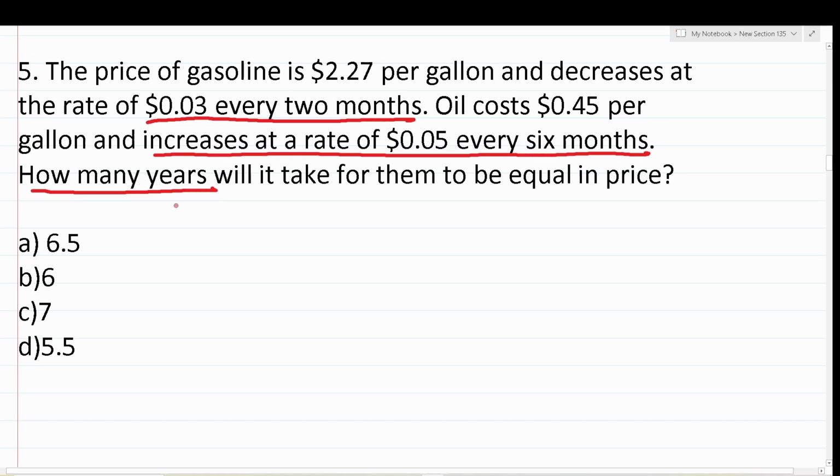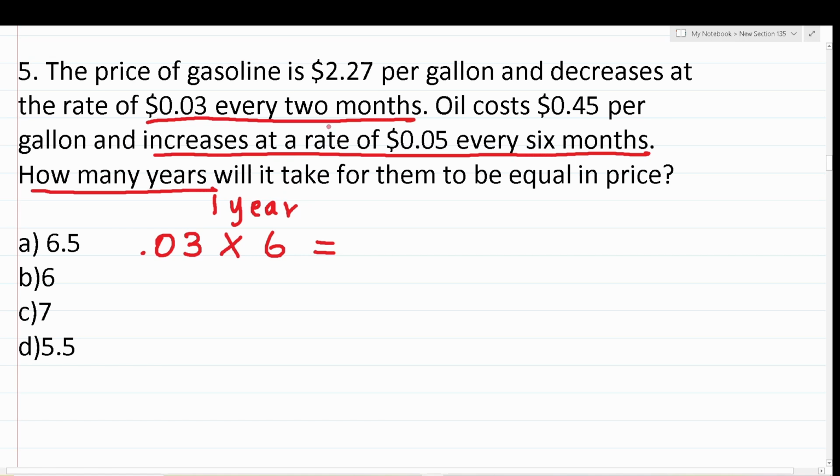So to solve this one, the easiest approach you can take is to write both of these rates in terms of years. And that's actually pretty easy to do. If we know gas decreases 3 cents every 2 months, we can take that 3 cents and multiply it by 6, and that will tell us how much it decreases in terms of 1 year.